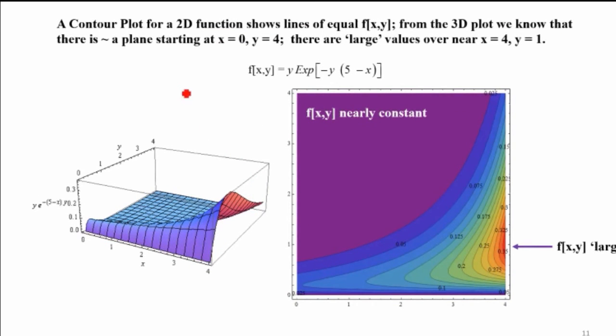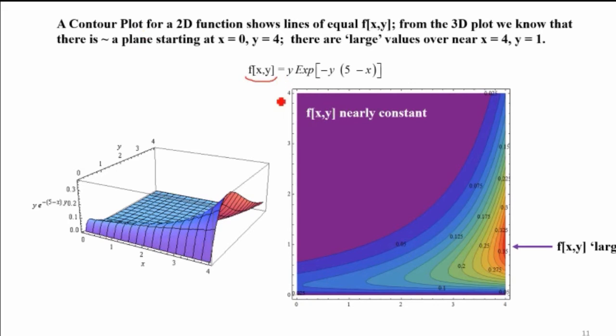If we take a look at this then, a way to understand this function in a different fashion is to stay in the xy plane, but plot what are called contours. And what they are are constant values of the function.